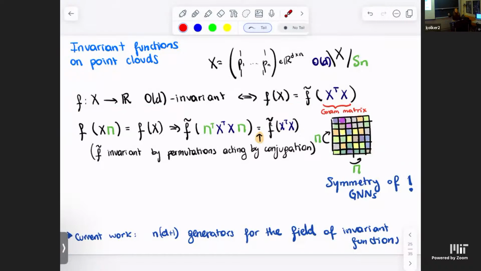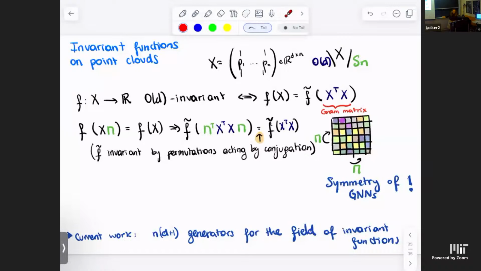And then when you write the Gram matrix, the permutation symmetry becomes the action of permutations by conjugation, which is the same as the symmetry of the graph neural network. So in point clouds, this O(D) symmetry and S_n symmetry can be seen as the symmetry of graph neural networks on the inner products of the point clouds.